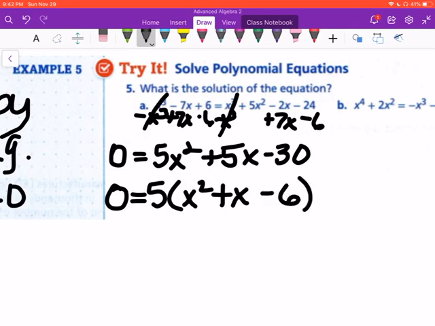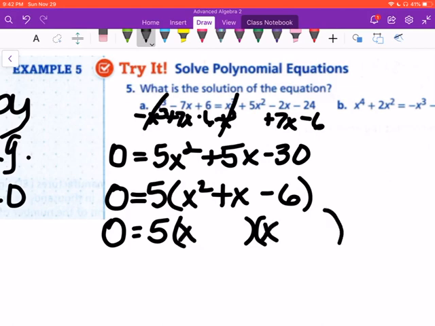Then I'm going to factor, so 0 equals 5. I see that it's a trinomial. When you have a trinomial, you try to divide it into 2 binomials and factor. Two numbers that multiply to be -6 and combine to be positive 1 would be a plus 3 and a minus 2.